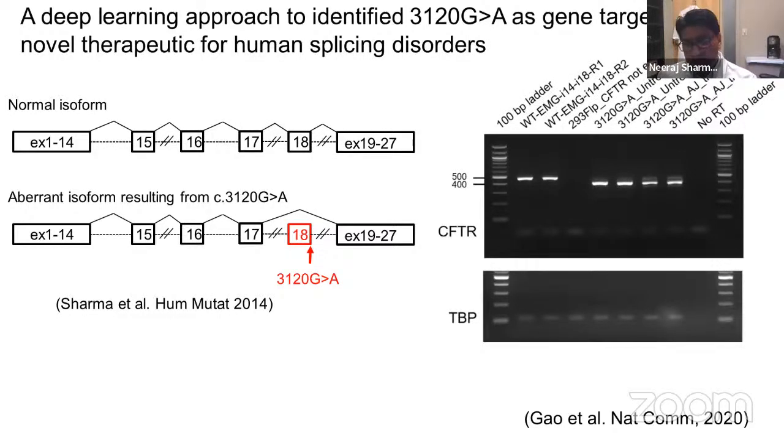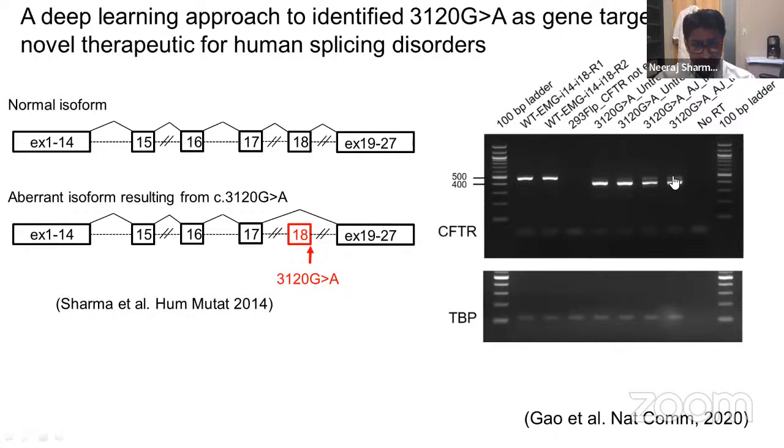On this particular RT-PCR, what you can see is that the left two are the wild type expression minigene that results in normal splicing. However, when you introduce this variant 3122G>A and it is untreated, the majority is misspliced. Interestingly, when you add their splice modulators, shown in two different replicates, the intensity of this band, which is the normal splice product, starts to increase.